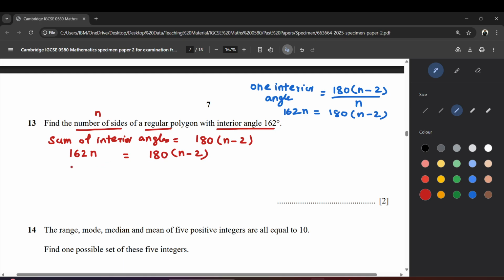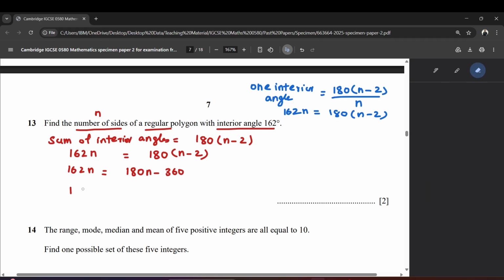All right, so now I'm going to expand the bracket. So that will be 162n equals 180n minus 360. Now you collect the n terms on one side. So this 162n goes to the right-hand side, and this 360 goes to the other side.